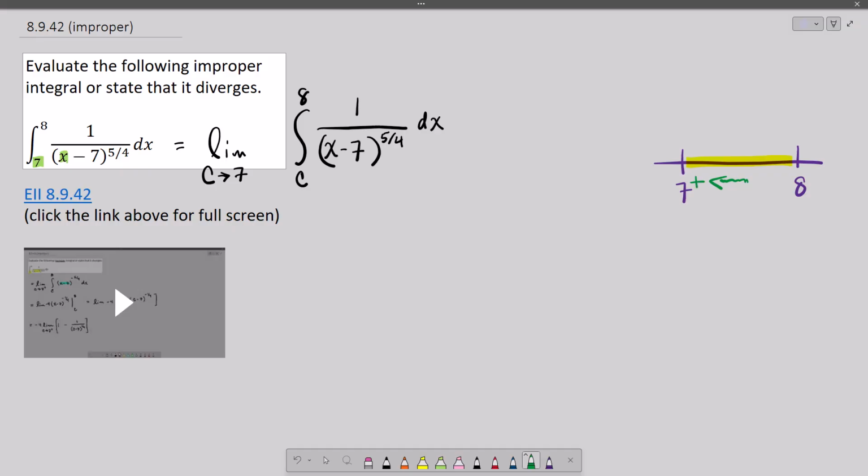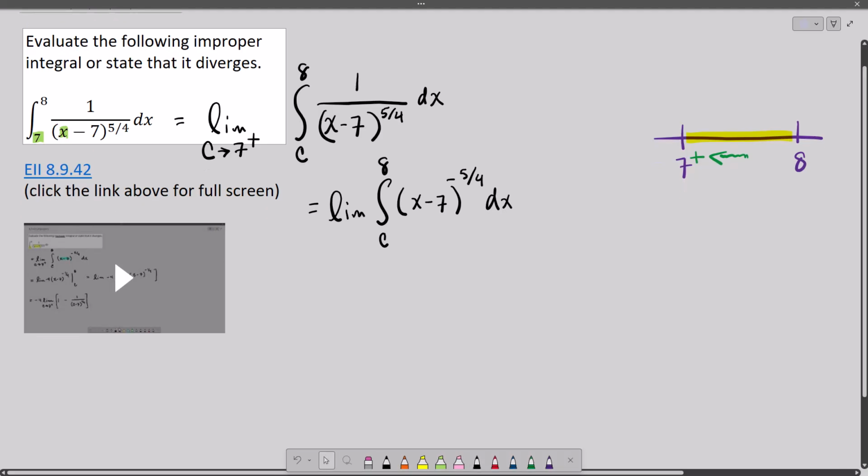So that will be a limit as c approaches 7 from the right. Well, this integral is not too bad, because if we pop this factor up to the numerator, we can just use the power rule. It's just a power rule problem.